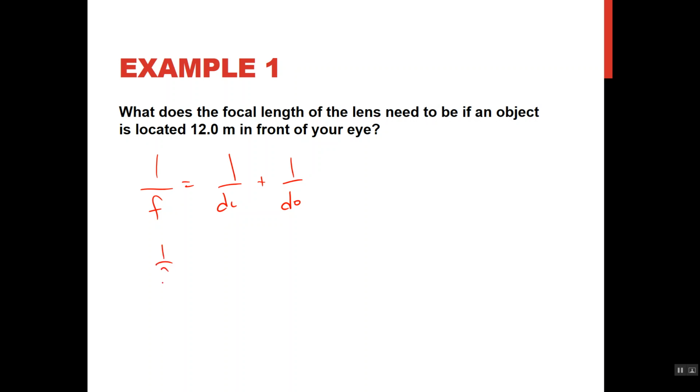So I have 1 over f is equal to 1 over 2.4 centimeters, or rather, let's do this in centimeters, plus 1 over 1,200 centimeters. 1 over f needs to be, or just f rather, you can just give me what f is.